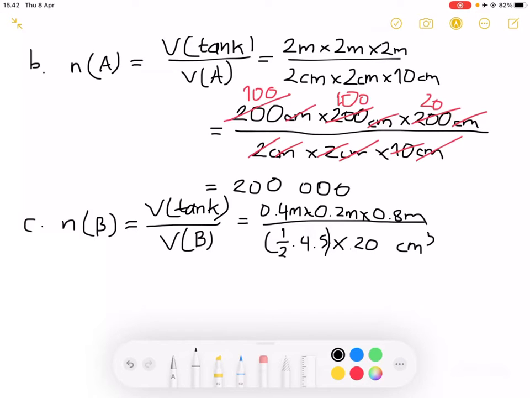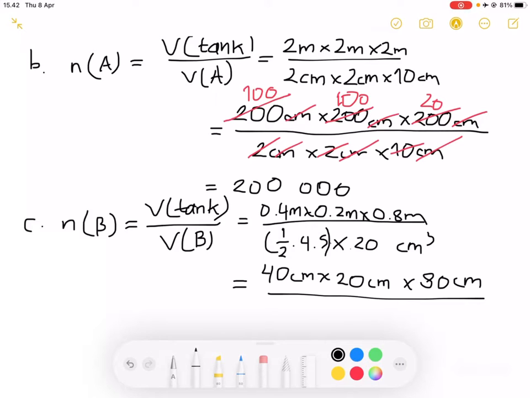Like on part B, we cannot quite cancel some numbers because they all have different units. But don't worry, you can just turn these all into centimeters. This is supposed to be 20 centimeters. This is supposed to be 80. All over, on the bottom we have 10.